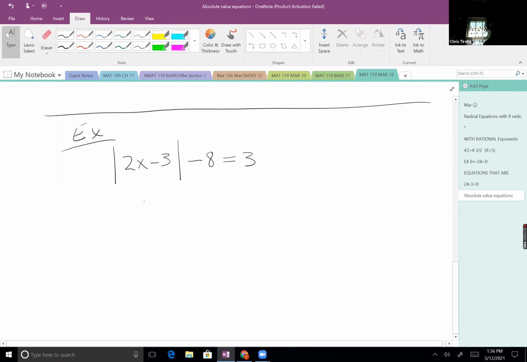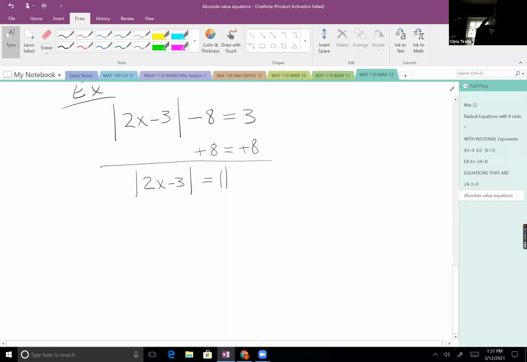First, we want to get those absolute value bars alone on one side. So I'm going to add 8 to both sides. That gives me the absolute value of 2x minus 3 is equal to 11.